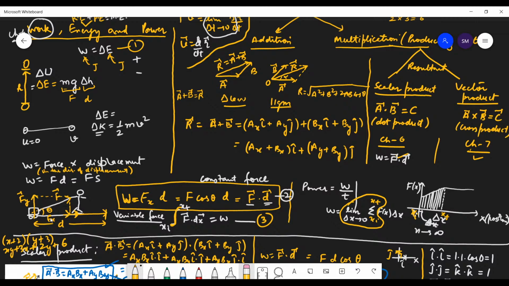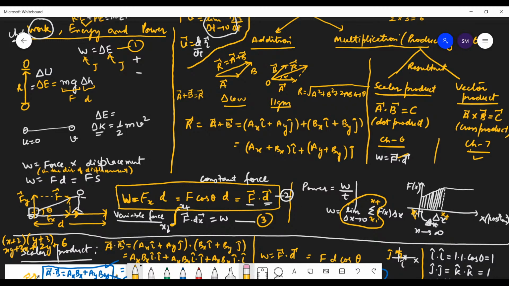When you have applied the same force throughout the displacement, it is constant, but when the force is variable, then the work done is as follows. Initially I started with xi, the initial position, and I moved the object up to the final position xf.